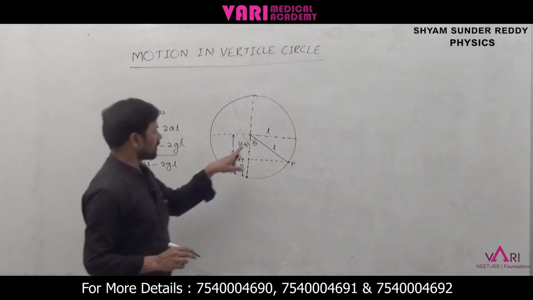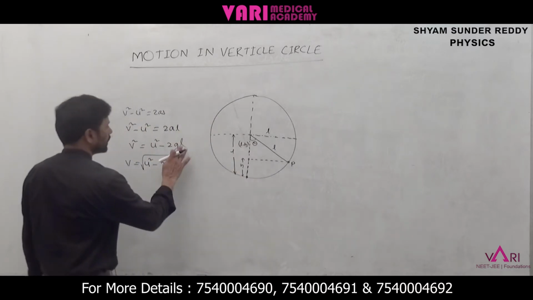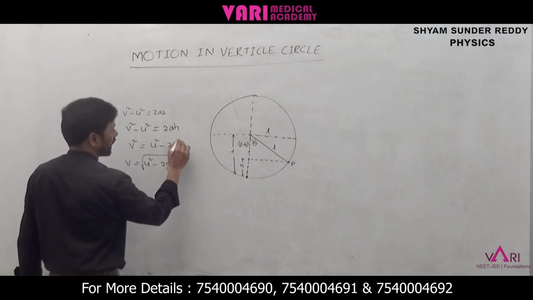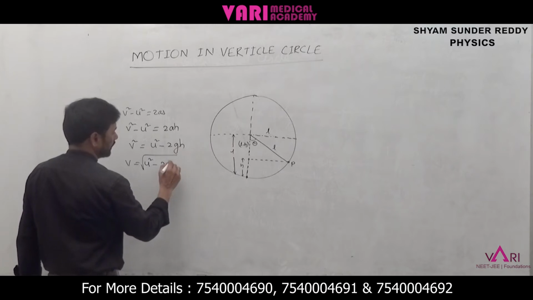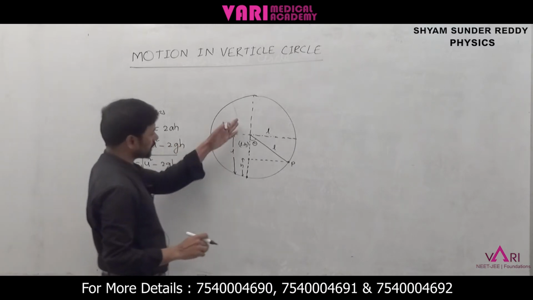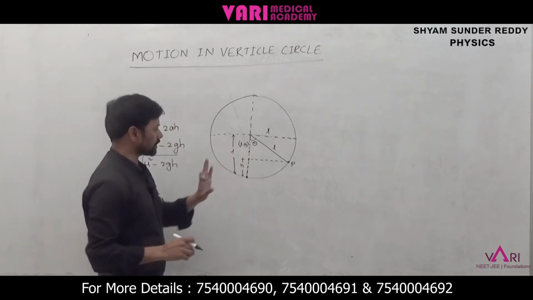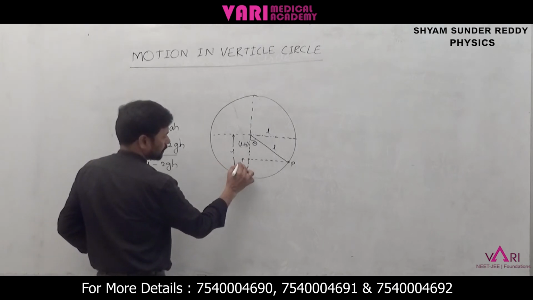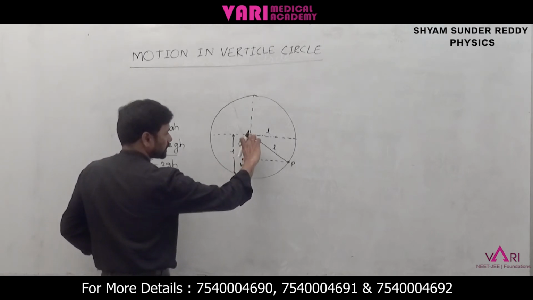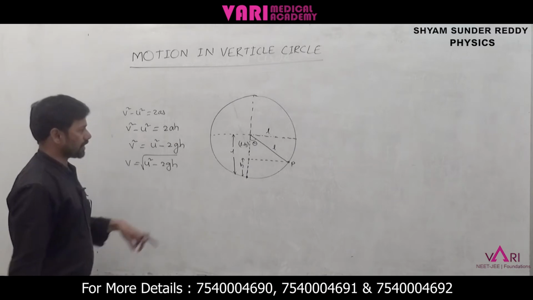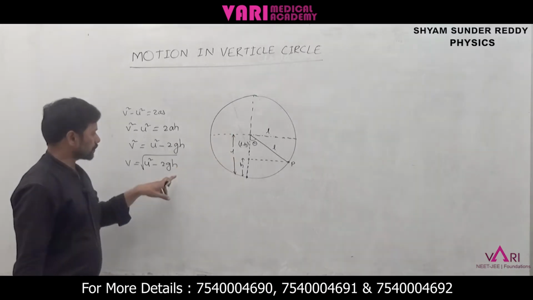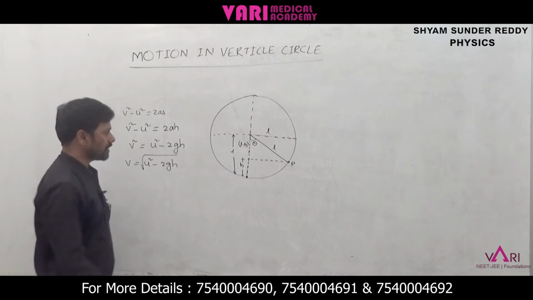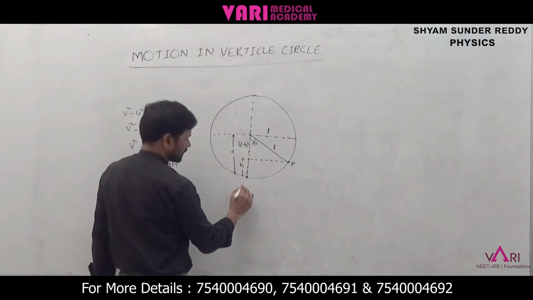Actually we want 2gh, at the height h. We want to substitute the h value in terms of L. From this, take cos theta.